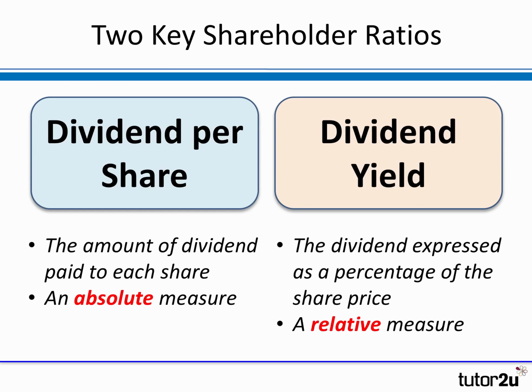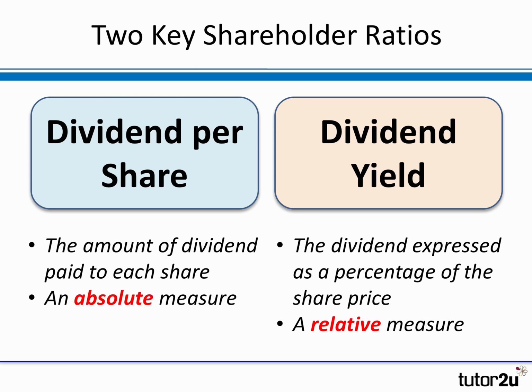Now, when we're looking at shareholder ratios, there are two ratios to consider, and we're going to go through these just briefly, give you an example to show you how they're calculated, but also point you in the direction of one or two key evaluation points that you can use if you're required to write an answer that uses shareholder ratios. On the screen there, the two shareholder ratios we're going to look at: dividend per share and dividend yield.